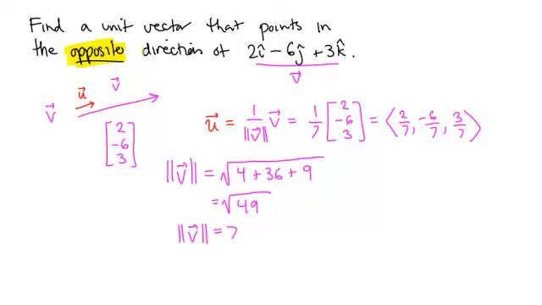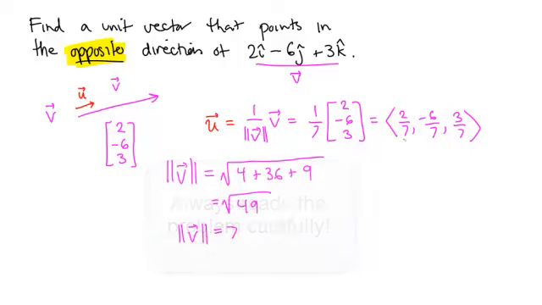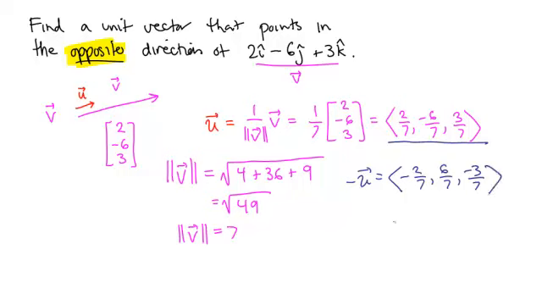The problem asked for a vector who points in the opposite direction, not the same direction. Tried to pull a fast one on me right here. But that's no problem. If this vector points in the exact same direction, the negative of it, the vector -2/7, positive 6/7, -3/7, has the same length as the vector u, so it's length 1, but it points in the opposite direction. And so this would be the vector we would want to work with.